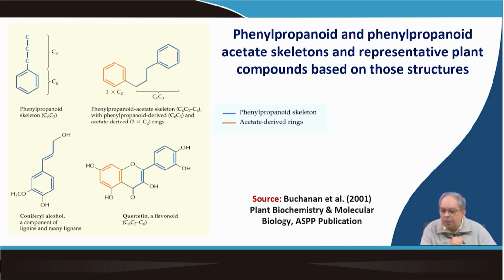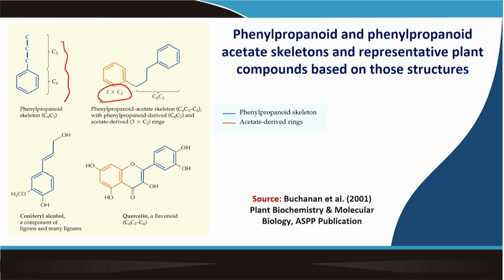This is called phenylpropanoid and phenylpropanoid acetate skeletons. Phenylpropanoid skeletons, I have mentioned, are basically C6C3, and the phenylpropanoid acetate skeleton is 3 into C2 plus C6C3.